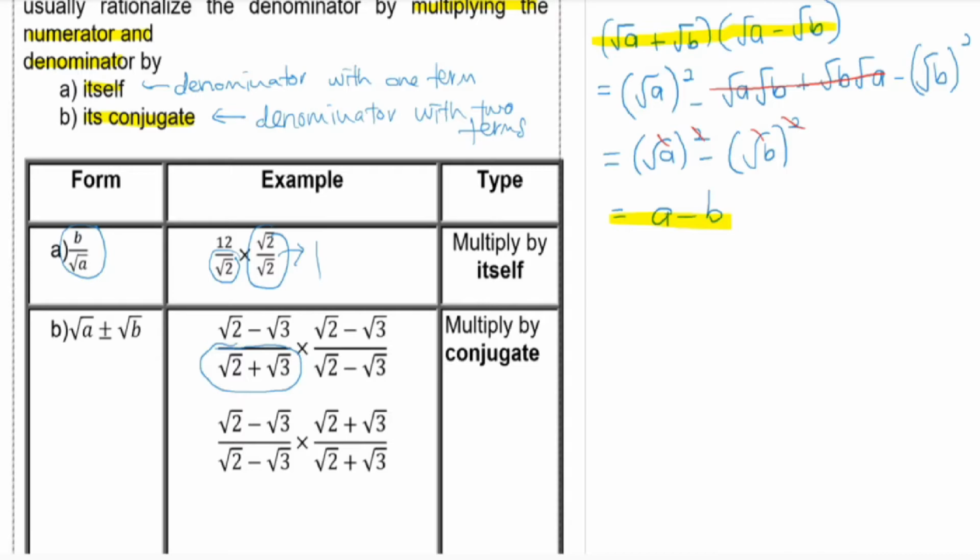So we can see here the denominator is √2 plus √3. So the conjugate of √2 plus √3 is √2 minus √3. So we need to multiply the fraction (√2 minus √3) over (√2 plus √3) by (√2 minus √3) over (√2 minus √3).